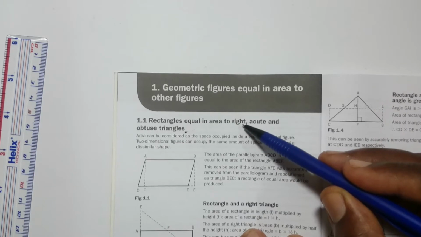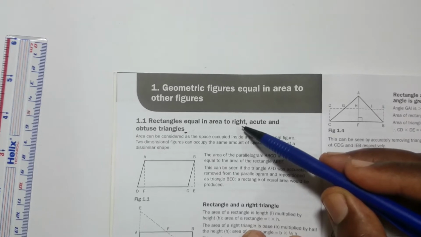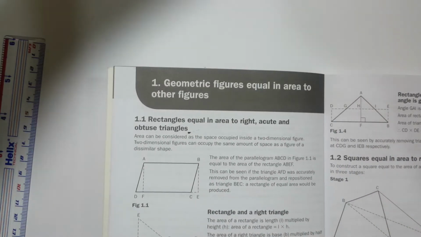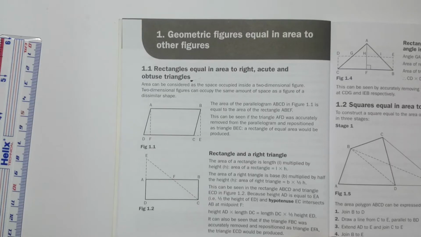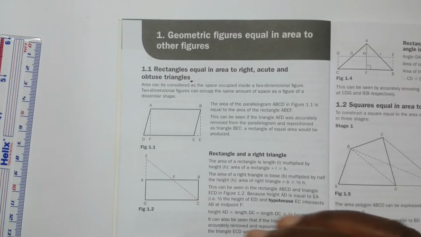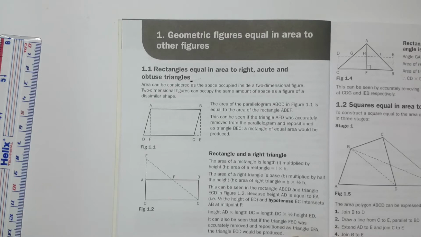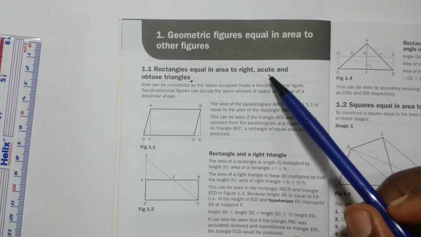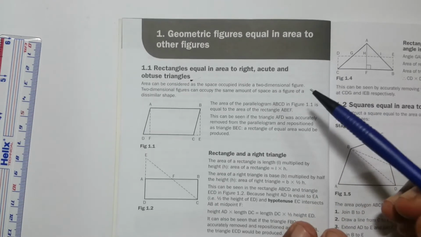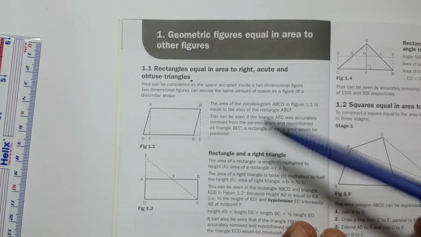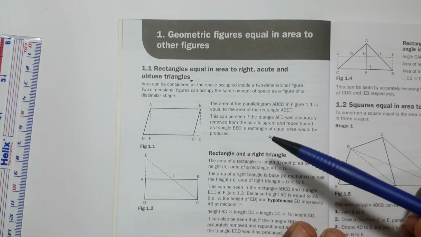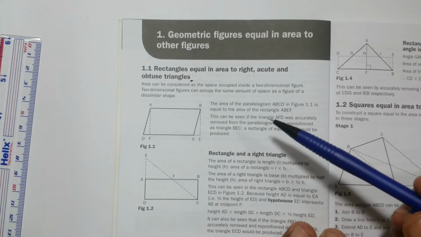A right triangle is a triangle with 90 degrees. An acute triangle has less than 90 degrees on all corners. An obtuse triangle has one angle that is greater than 90 degrees, and all the others are less than 90 degrees.